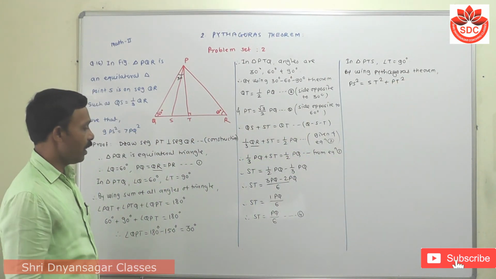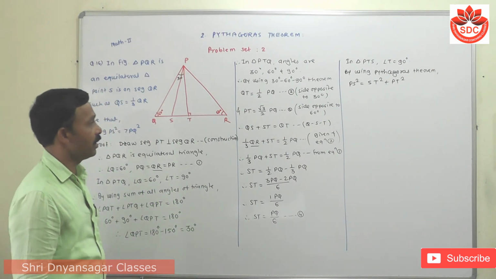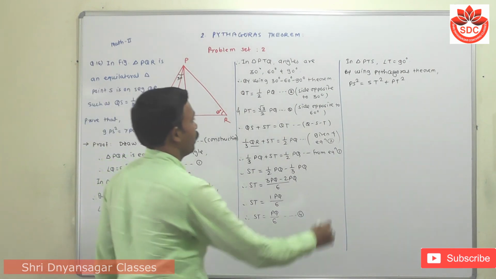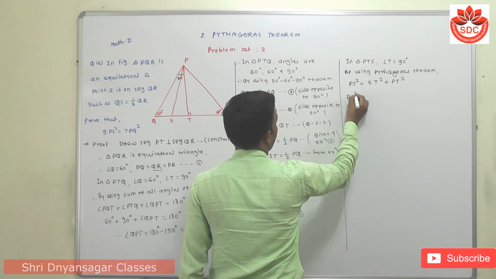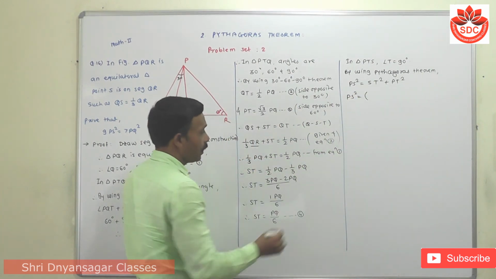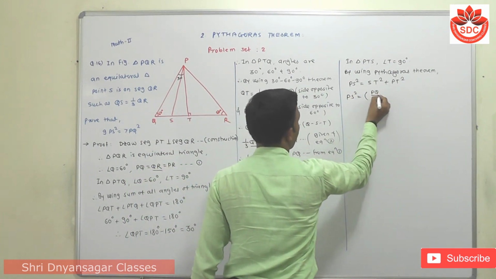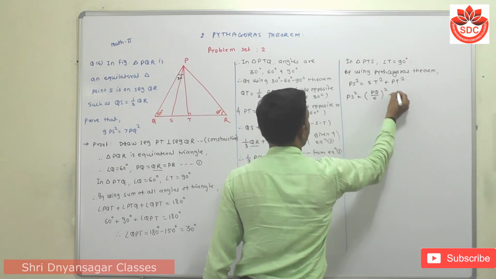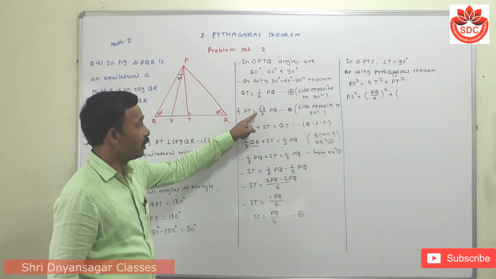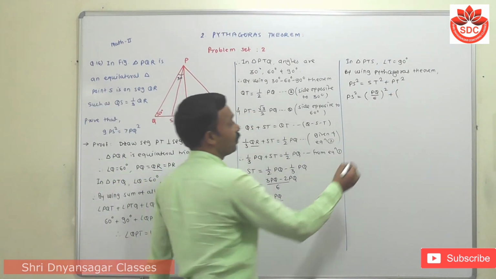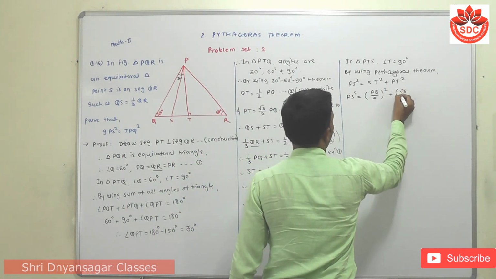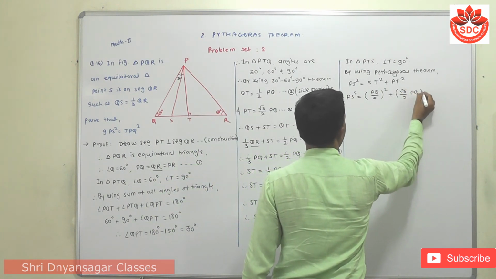We substitute the value, ST is PQ upon 6 here. Then PS square is equal to ST, PQ upon 6 bracket square, plus PT is how much? Root 3 upon 2 PQ, bracket square.